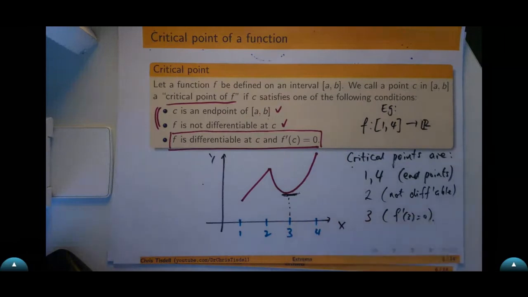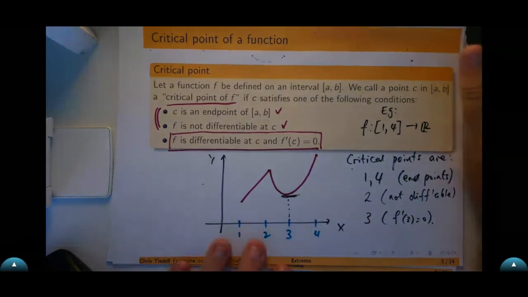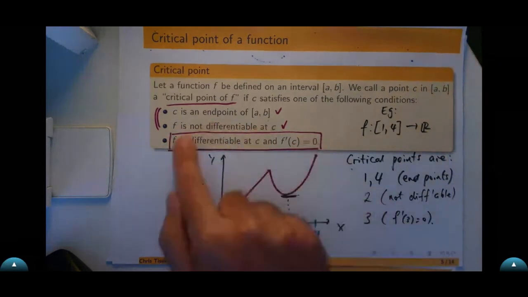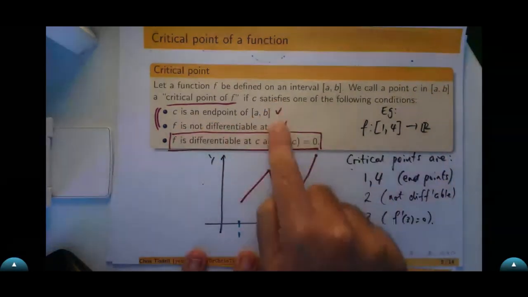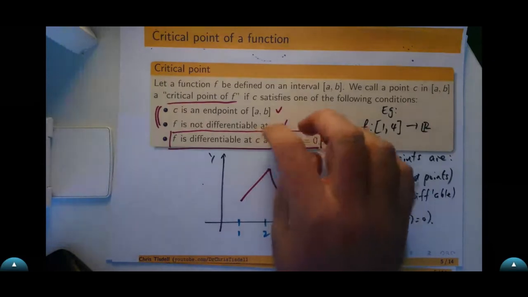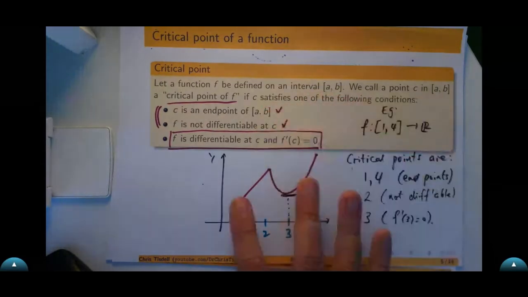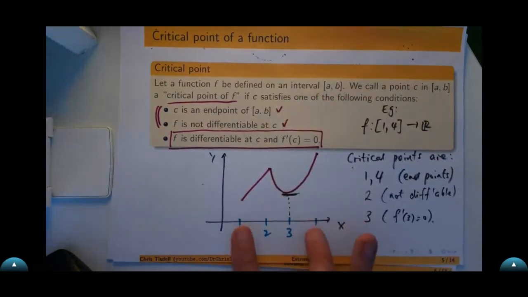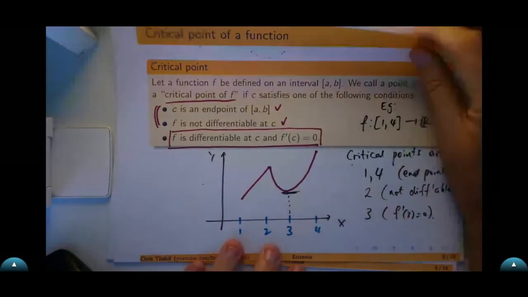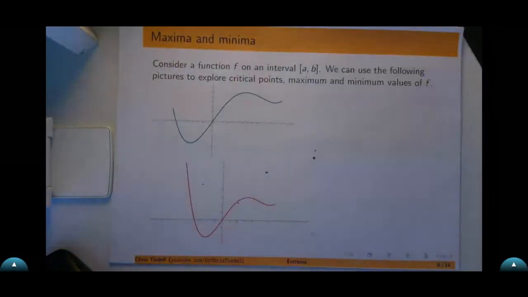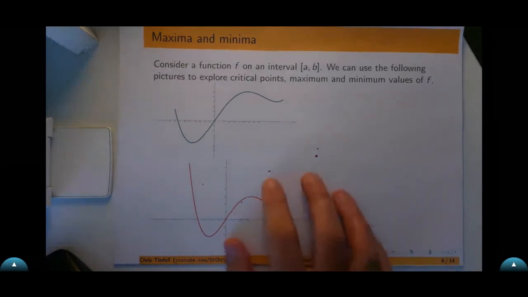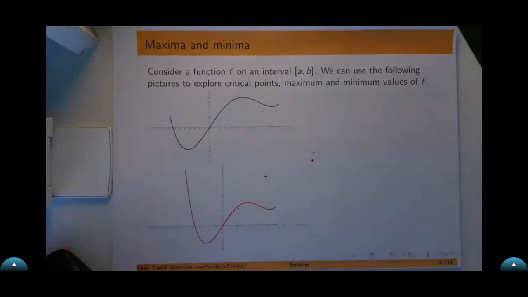But they might, in other cases. So critical point, building on what you know, but there's 2 extra bits to it, where f is not differentiable and where you consider the endpoints of the interval, okay? Super, super important, people. Super, super important.